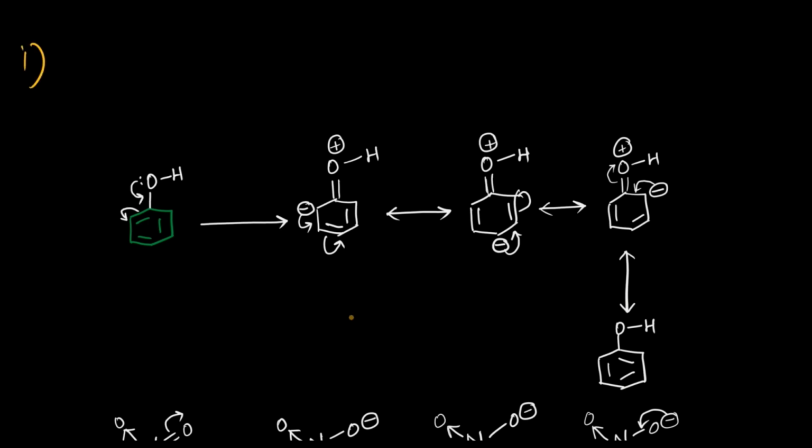The first thing is, if a benzene ring has a substituent which is an electron donating group. What is an electron donating group?